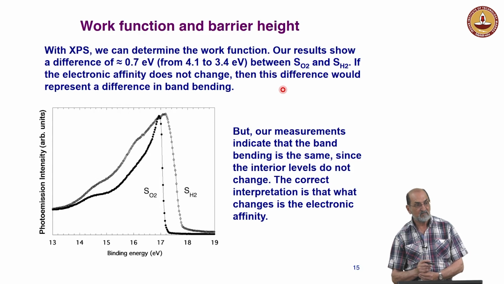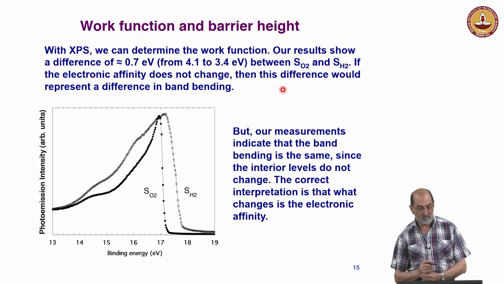But the problem is that simultaneously we found that the band bending is the same because the core levels did not change their position. So the work function changes, but the band bending did not. So the correct interpretation of these experiments is that what is changing is the electron affinity.